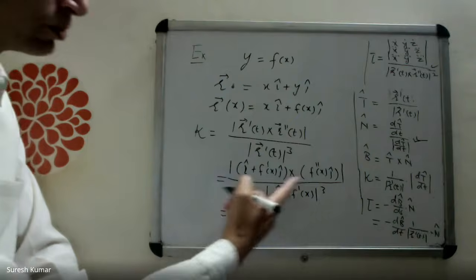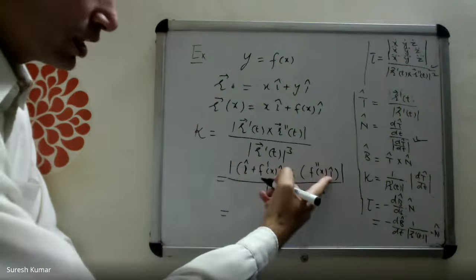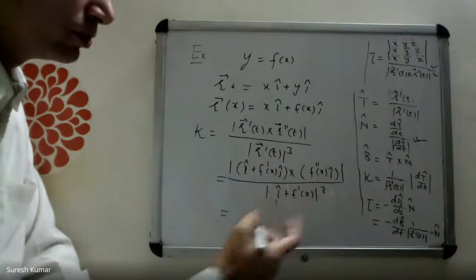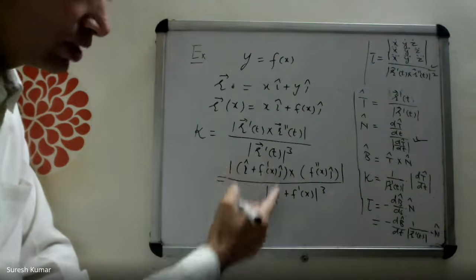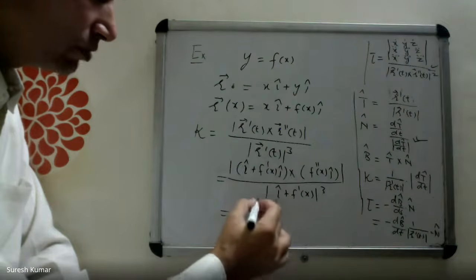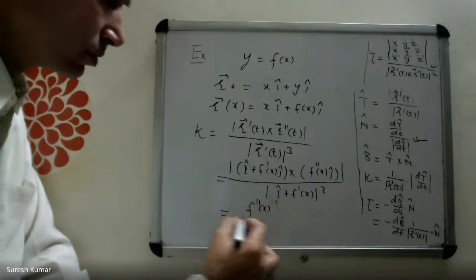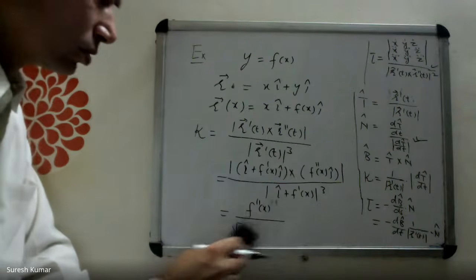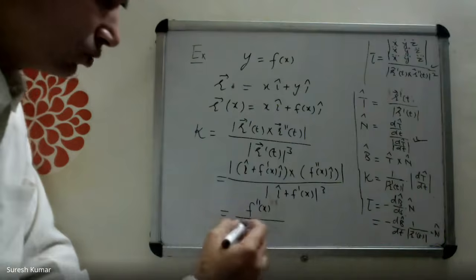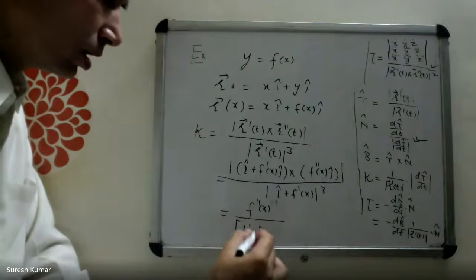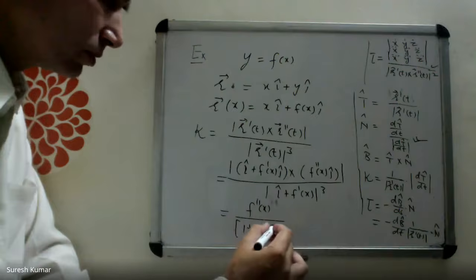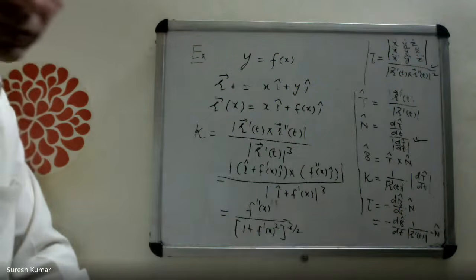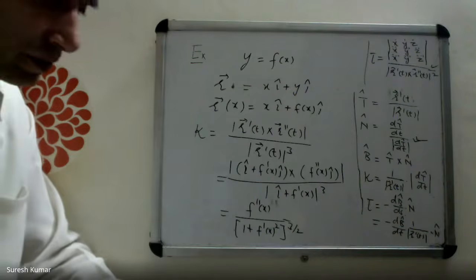Simplify it. i cap cross j cap is k cap, but j cap cross j cap is 0. So you can write, and further you take the magnitude, so you are left with f double prime x over square root of 1 plus f prime x whole square, power 3, so you get 1 plus f prime x whole square power 3 by 2. Is it okay?